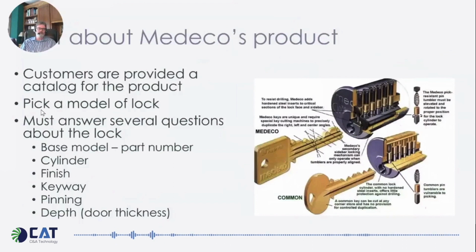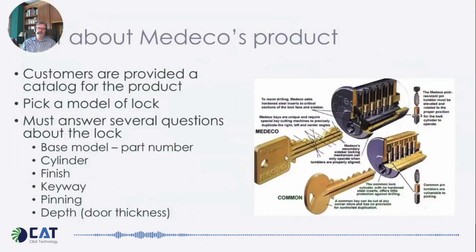What they did is basically pick a model of that lock, and then answer several questions about the lock, including the base part number, basically the model of lock that they wanted, the cylinder type, and the finish. Do they want it to be brass color, gold? Do they want it to be silver? What color do they want the lock? So the finishing metal had to be put on it.